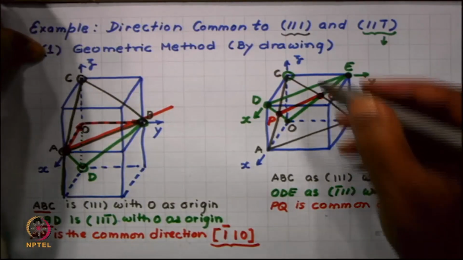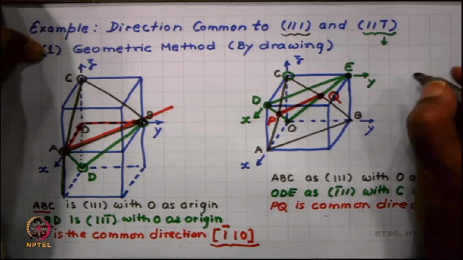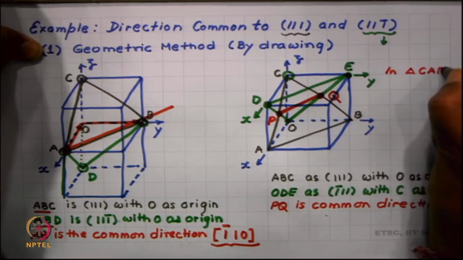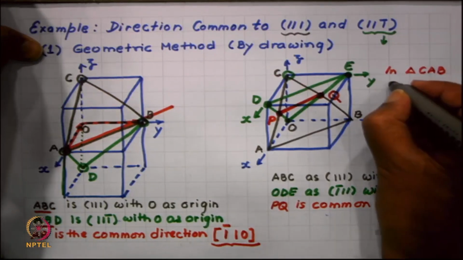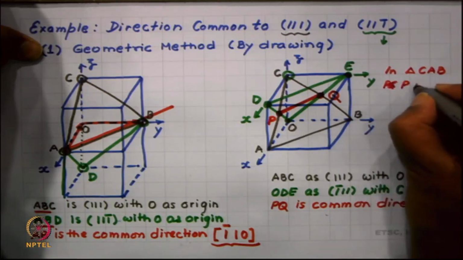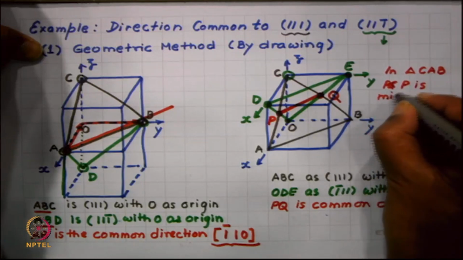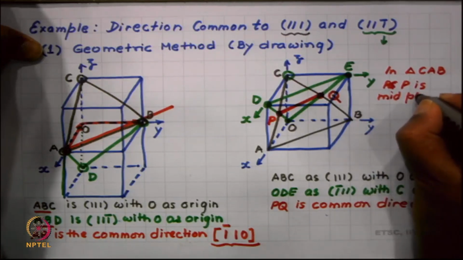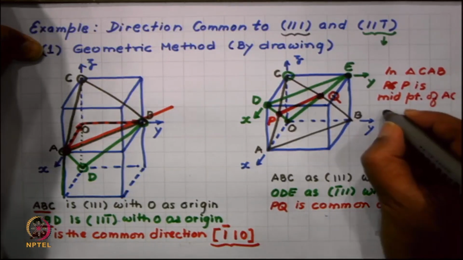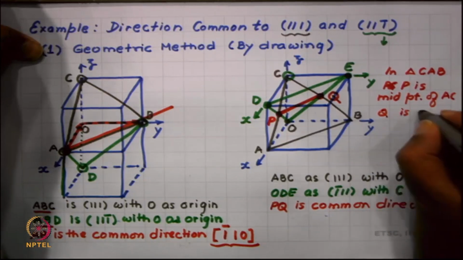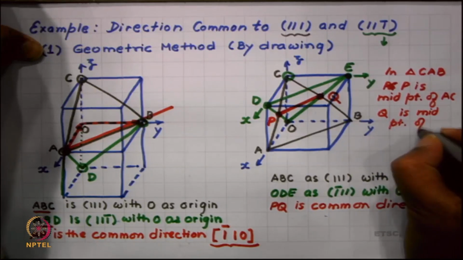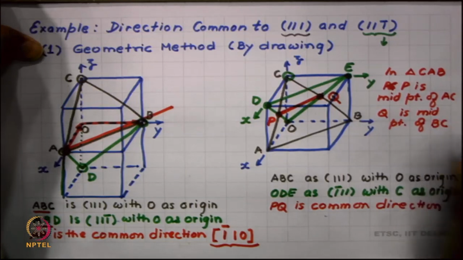But how do I find the indices of PQ? Note that in the triangle CAB, P is midpoint of AC, and Q is midpoint of BC.